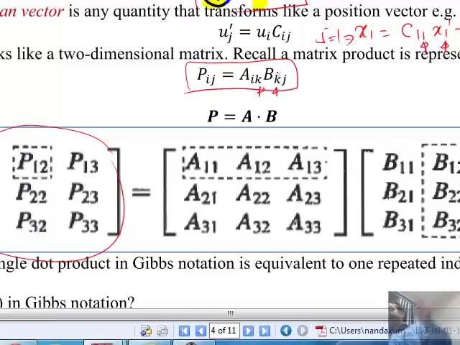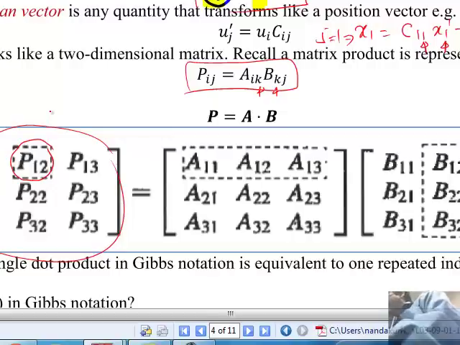So for example, if I put i equal to 1 and j equal to 2, I'm calculating this component of the tensor on the left hand side. How I calculate it is given on the right hand side, the rule. And the rule is I have to expand this.